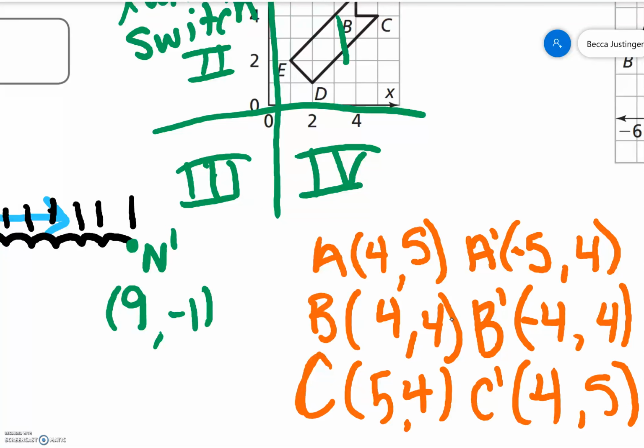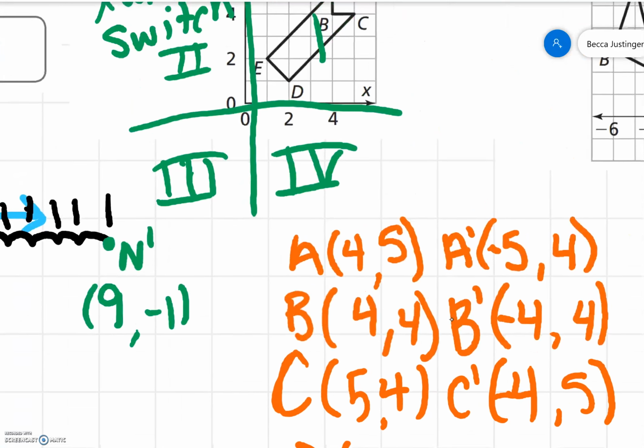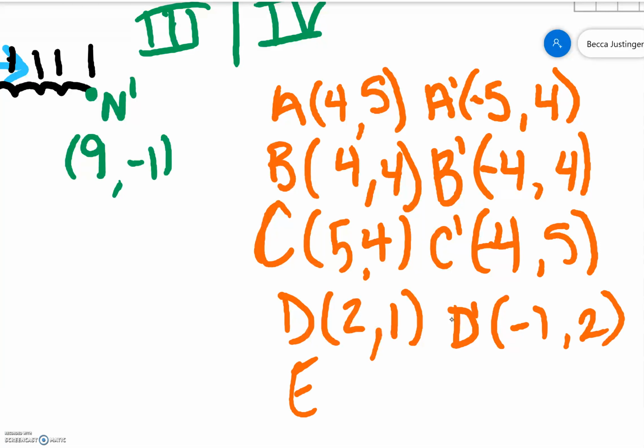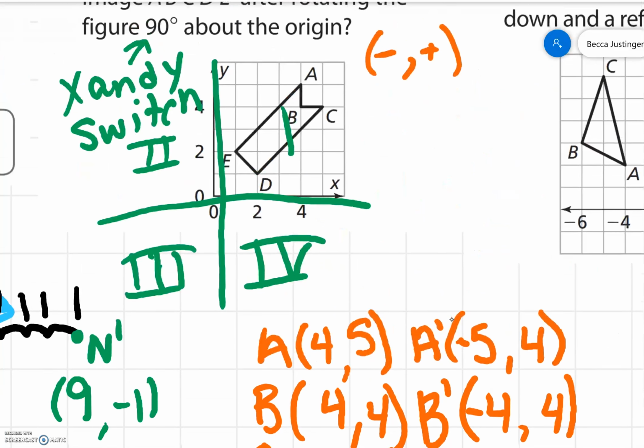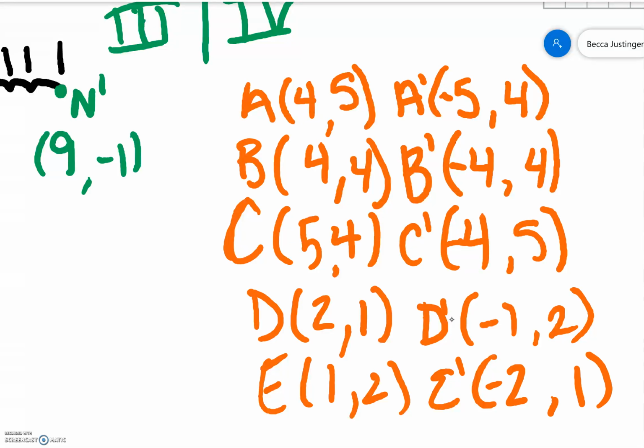X is negative. D, 2, 1. You guessed it, turns into -1, 2. And last but not least, E is 1, 2. Flip, 2, 1. The 2 is negative.